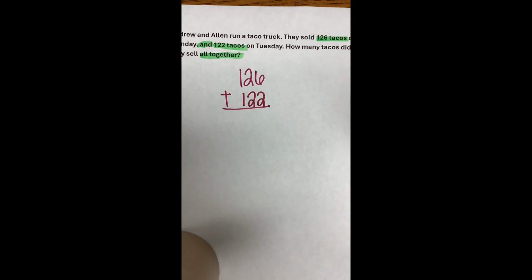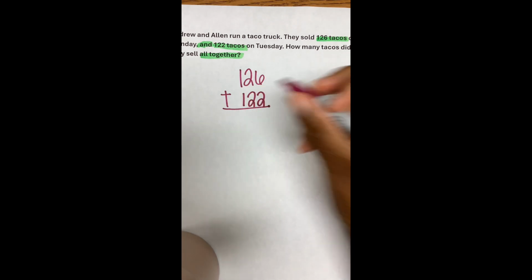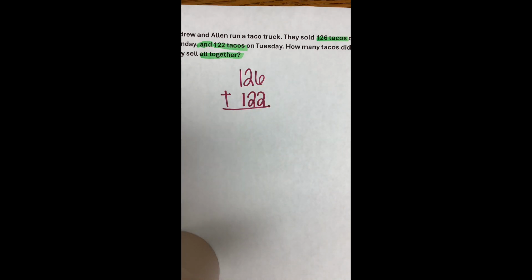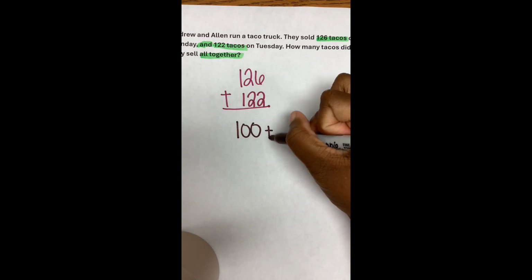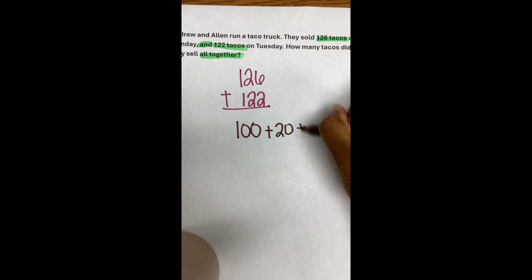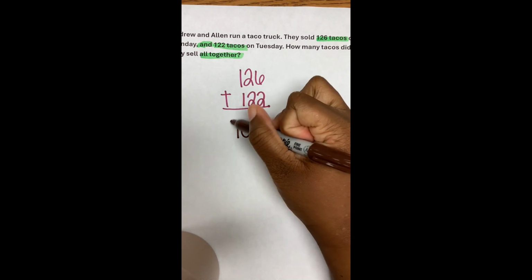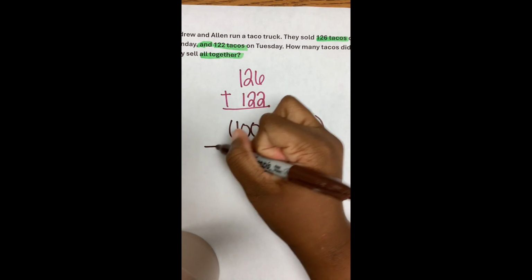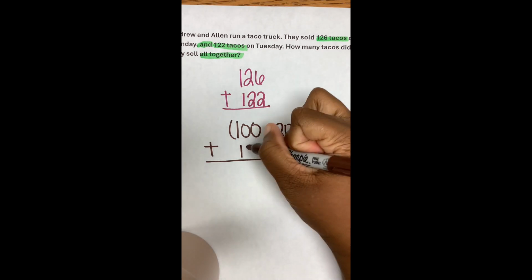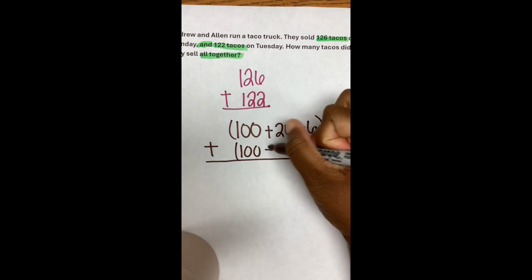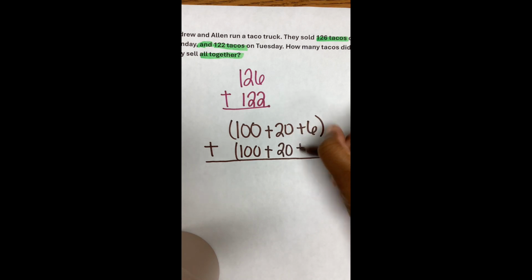All right, we want to decompose each of our numbers. So we're going to use 100 plus 20 plus 6 with our plus sign. And then we have 100 plus 20 plus 2.